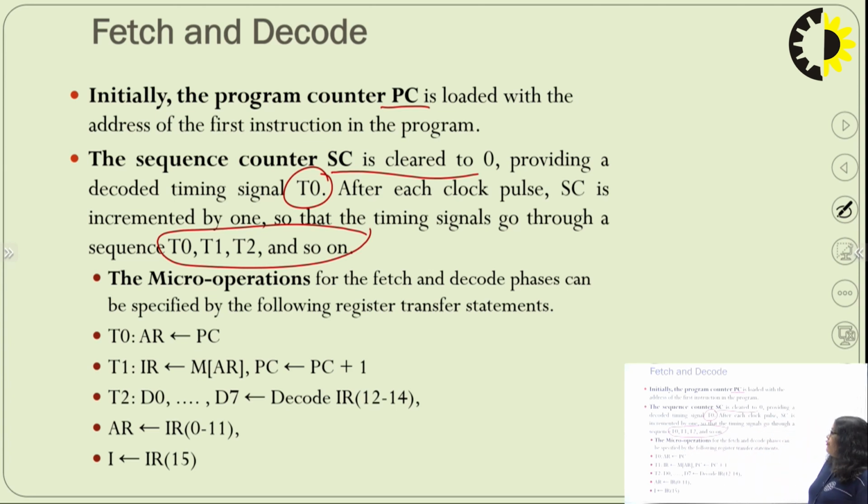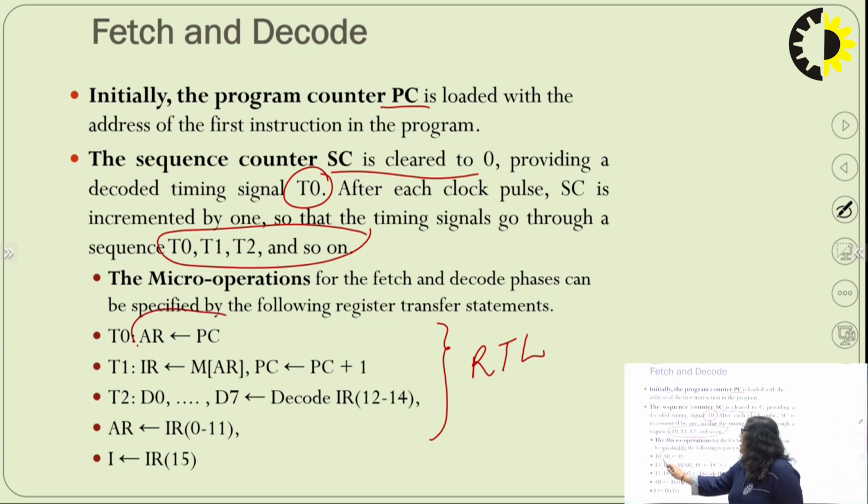The micro operations for the fetch and decode phase have the following register transfer statements, known as RTL. At time T0, PC transfers to AR.